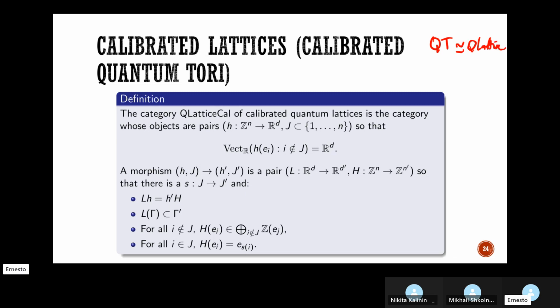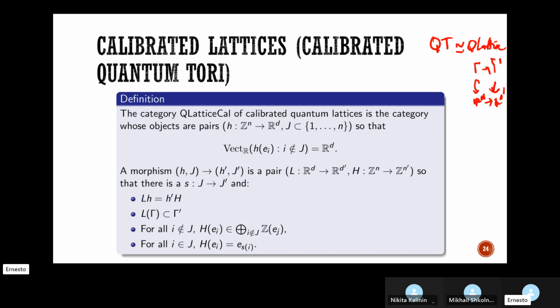But this was a very simple two-state category, where the arrows look like this. And this was just a finitely generated abelian subgroup of R^D.